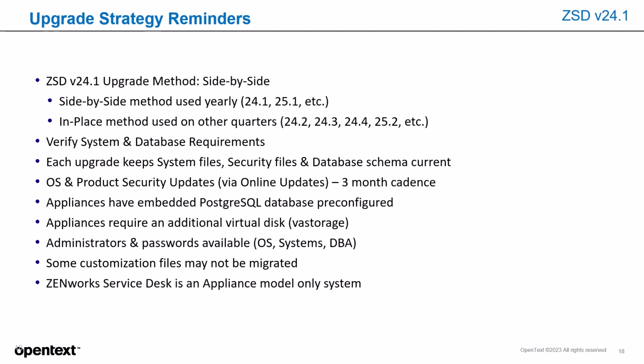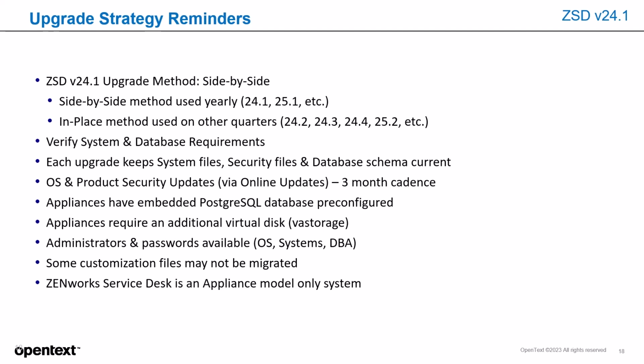OS and product security updates are done via the online updates in a 3-month cadence. And of course, when you put in a new appliance, it has all the updates as well. Appliances have the embedded Postgres databases pre-configured if you're using the embedded. And if you're using an external, then you don't have to worry about that so much. Appliances require an additional virtual disk, VA storage, ever since version 7.5.